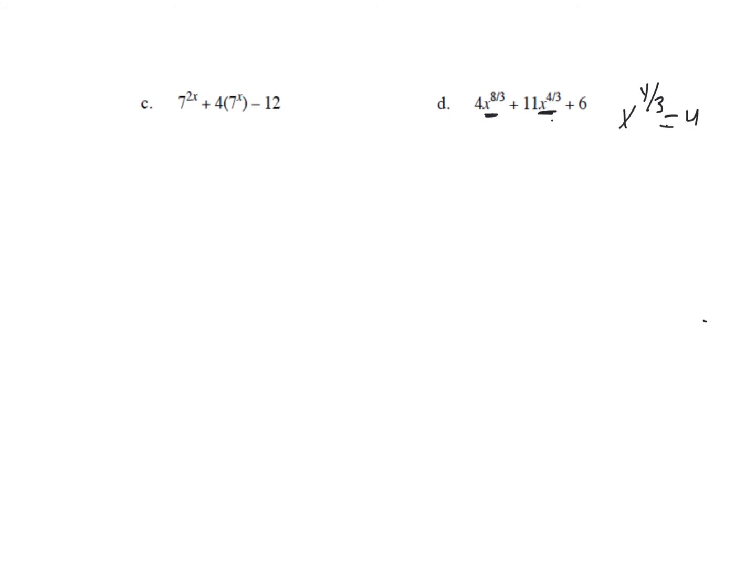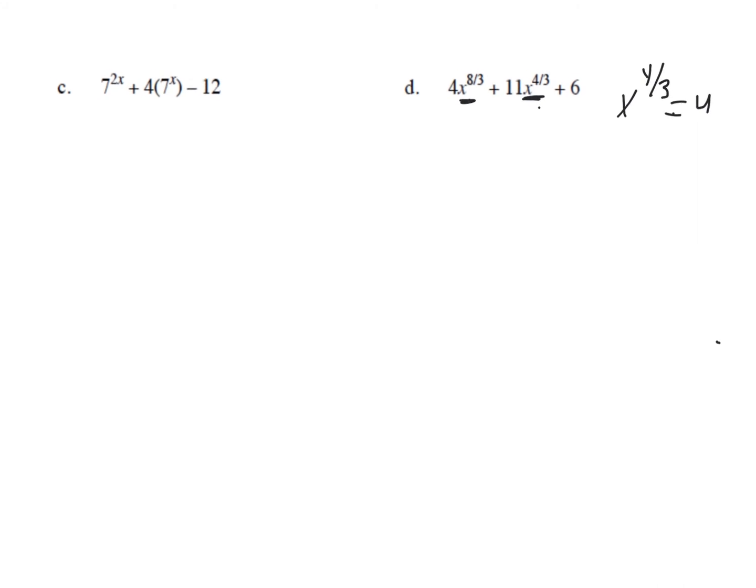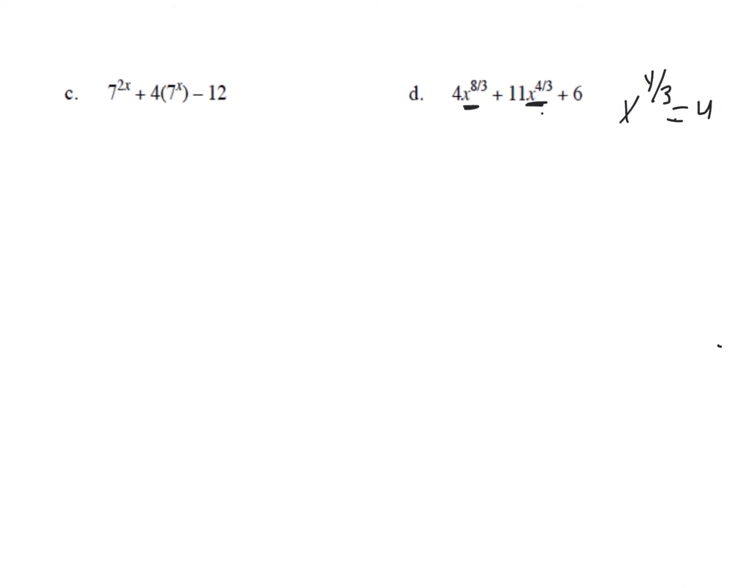So I'm going to write this part first. So plus 11u plus 6. Now let's think about the 4 times x to the 8/3. Isn't that really the same as 4 times x to the 4/3 squared?